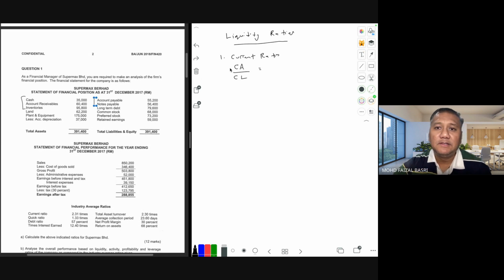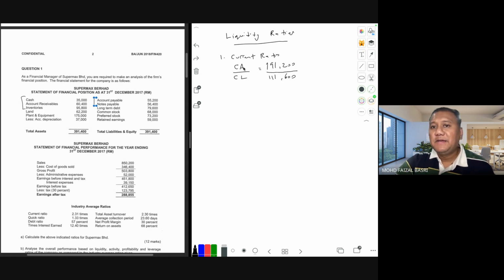So the total current assets for this company is 191,200. Okay, 191,200. And for the liabilities is 55,200 plus 56,400. So it's 111,600.